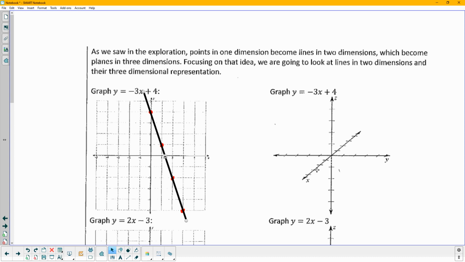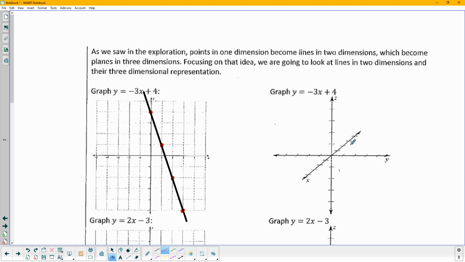How does that translate to 3 dimensions? Well, pretty easily, actually. The object is going to change. A line in 2 dimensions becomes a plane in 3 dimensions. Okay? So let's look at how we're going to draw that plane. I'm going to graph the same points. I had x was 0, y was 4.